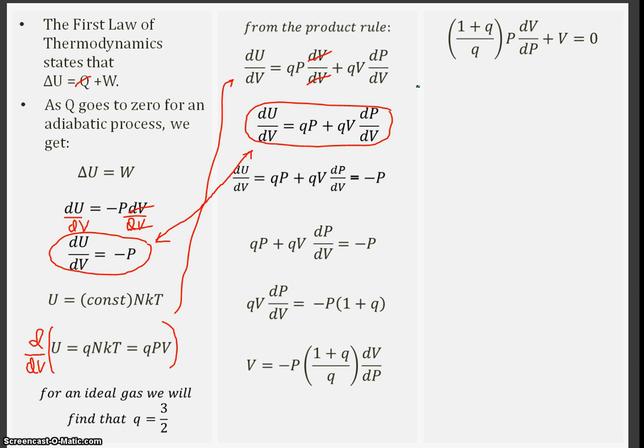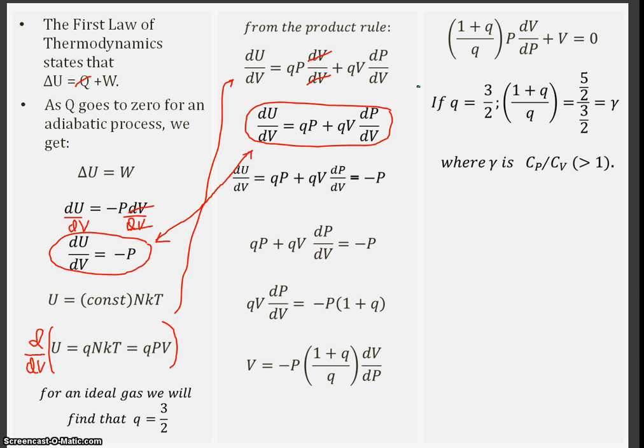So on the top of that term in parentheses, we have 2/2 plus 3/2, and on the bottom we have 3/2. So 2/2 plus 3/2 is 5/2, and on the bottom we have 3/2. That means that Q is equal to 5/2 over 3/2, but that's also equal to gamma.